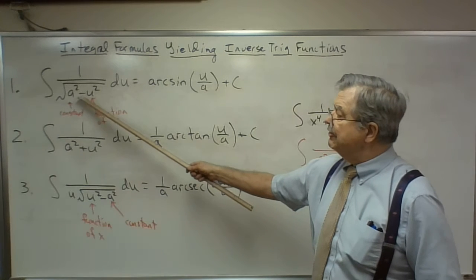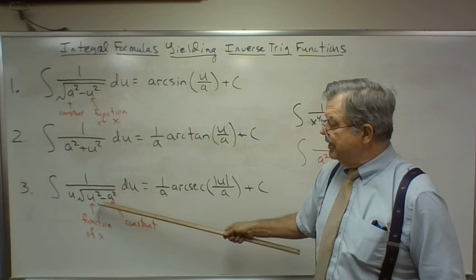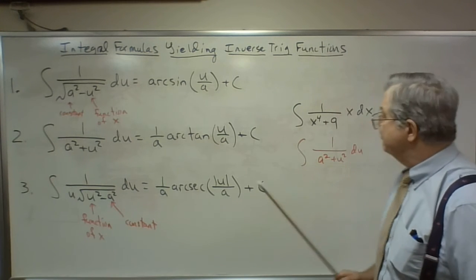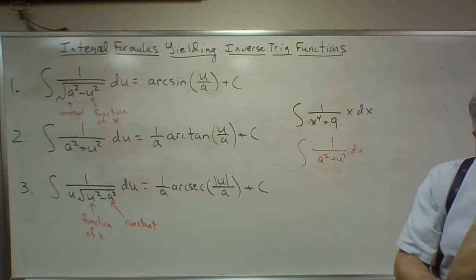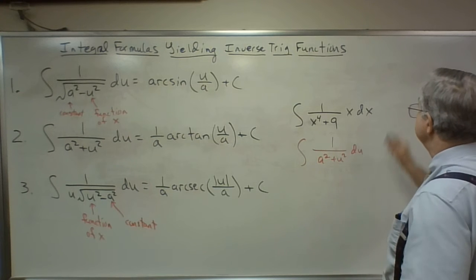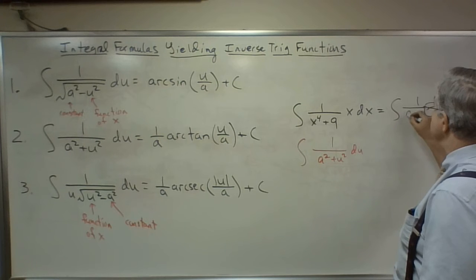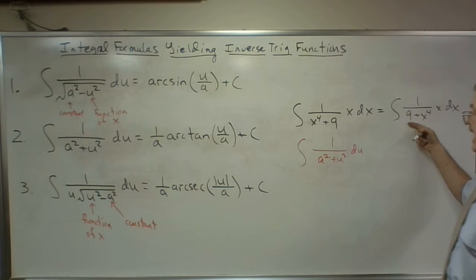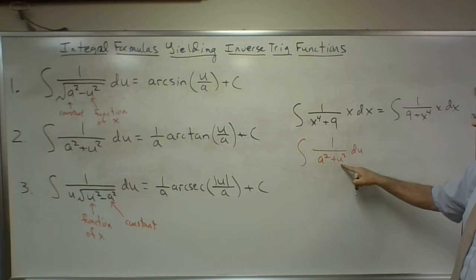Unlike subtraction, which we have up here and which we have down here, addition is commutative. We can switch the order of the terms. And so this is exactly the same as that, which does in fact fit this form, constant squared minus function of x squared.